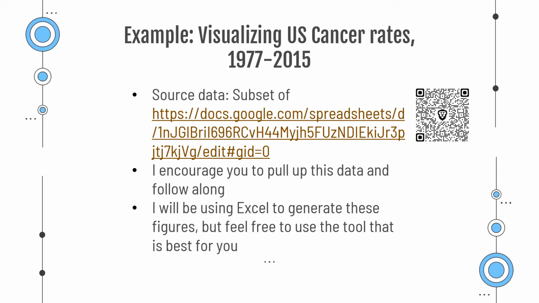And I'm using a subset of the data available in the linked Google Doc. I strongly encourage you to pull up this data and follow along with me. I will be using Excel to generate these figures as I find it very fast and easy to use, but if you're following along, please feel free to use the tool that works best for you.